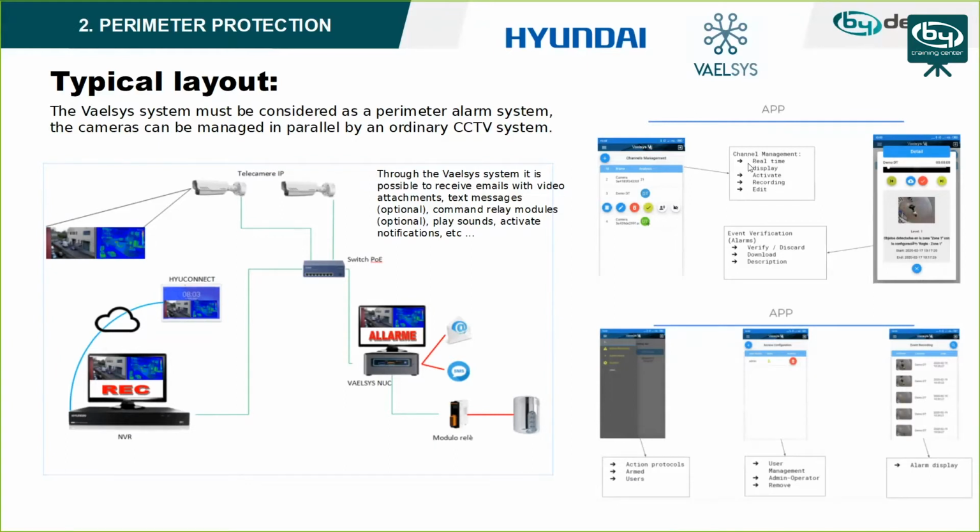So you can manage some channels, you can do some event checkups, you can do some action protocols as well, and you can see what alarms occurred, and you can check them as well.